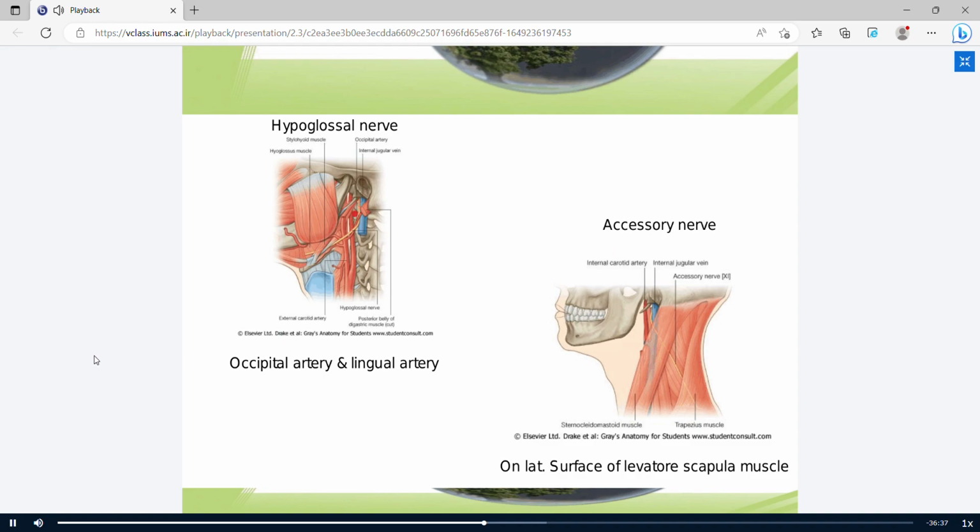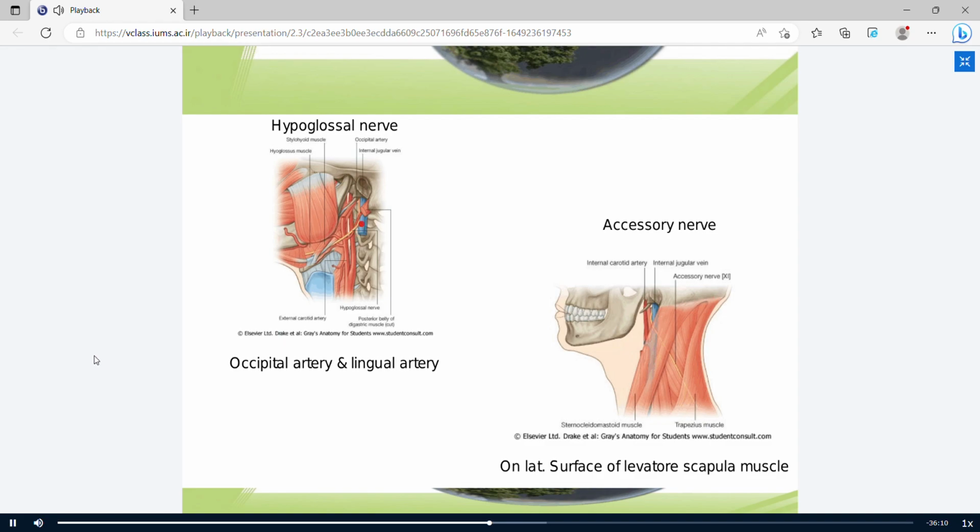This is the hypoglossal nerve, which passes in the neck. The hypoglossal nerve exits the skull from the hypoglossal canal. After that, in the neck, it crosses the occipital artery 2 times.